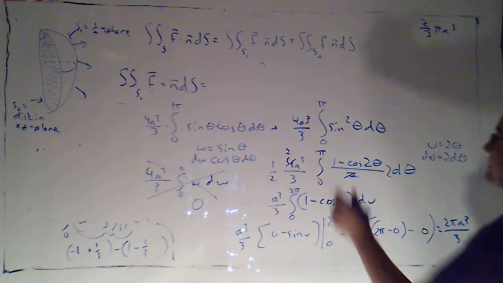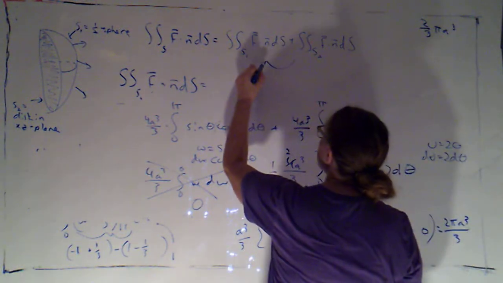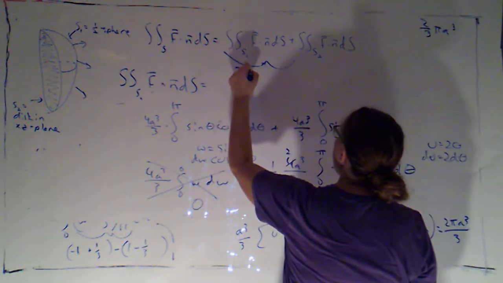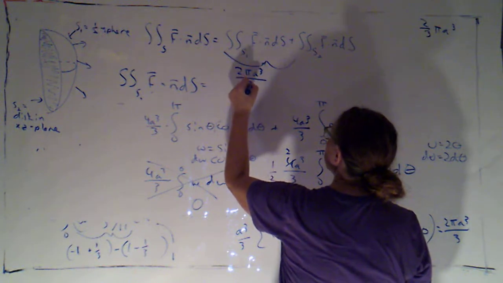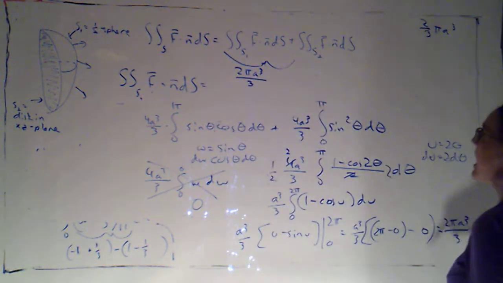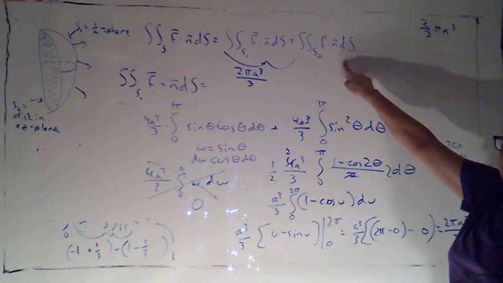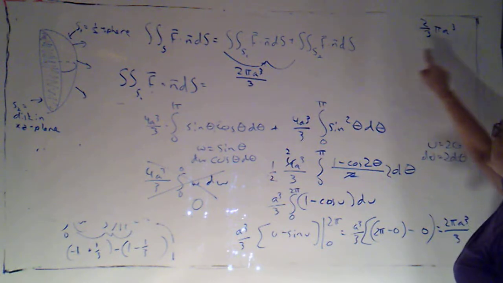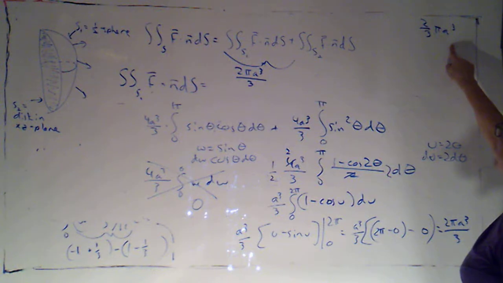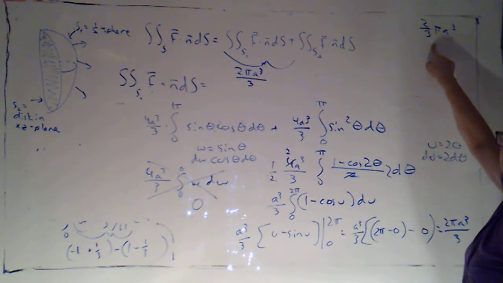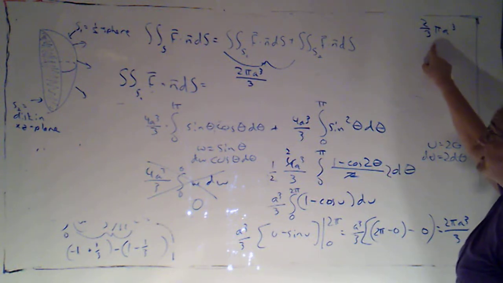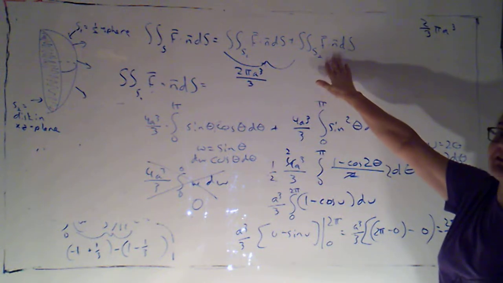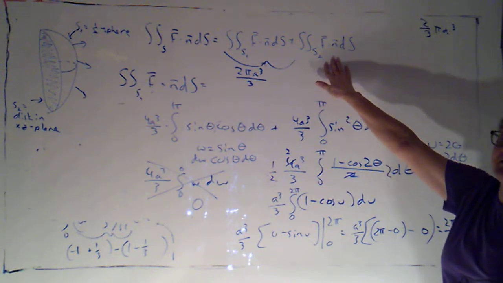Now, that's just this piece. 2 pi a cubed all over 3. Okay, I need to add this piece to it. But I'm supposed to get 2 pi a cubed all over 3 as my answer. I'm really hoping at this point that this surface integral is 0.